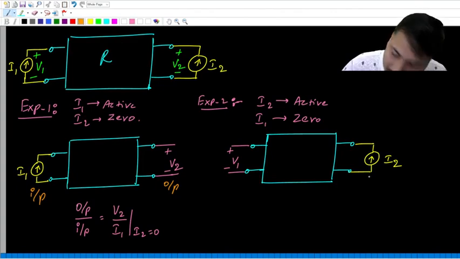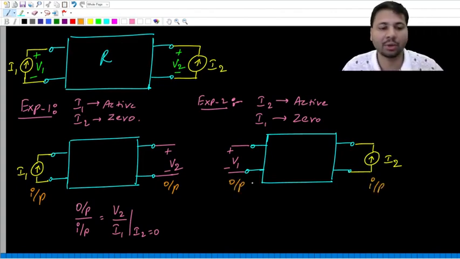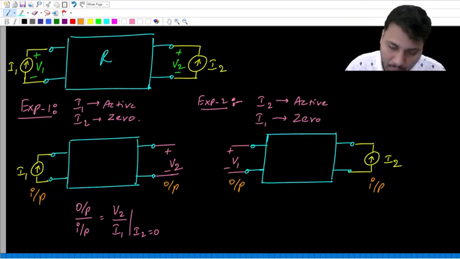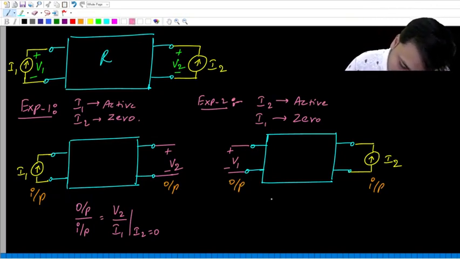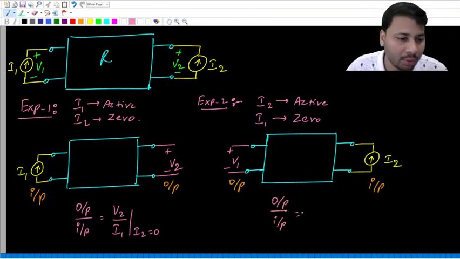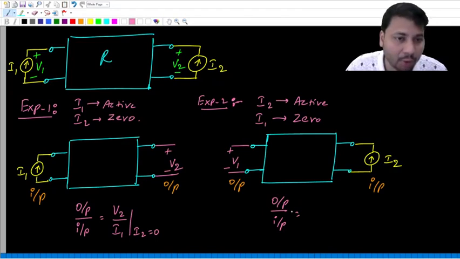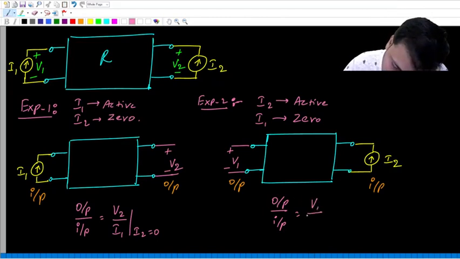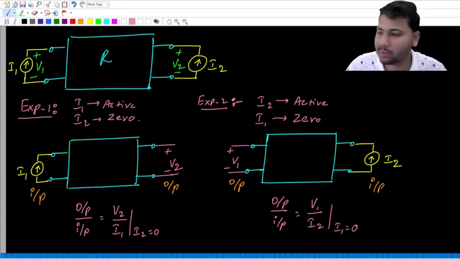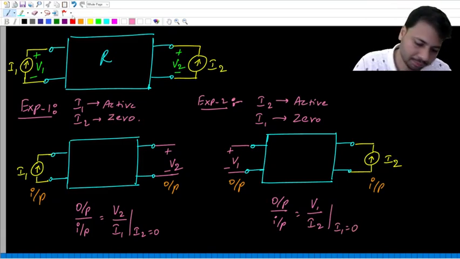Now this independent source on the right side will act as the input, and this open circuit voltage on the left side will become the output. As I said, in each experiment you measure the ratio of output to input. So what is the ratio of output to input in this particular case? Is it not V1 by I2 when I1 is made 0? Yes.